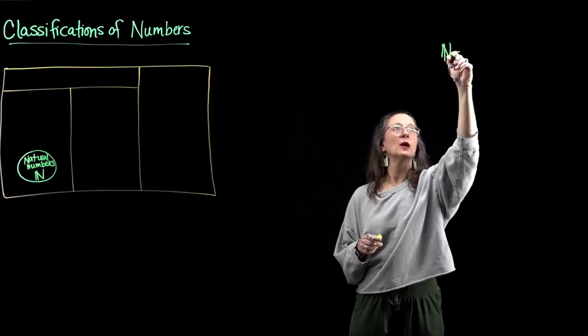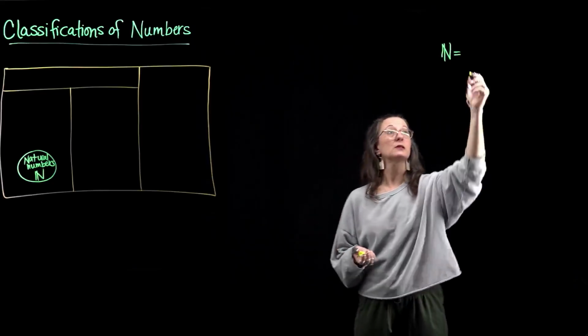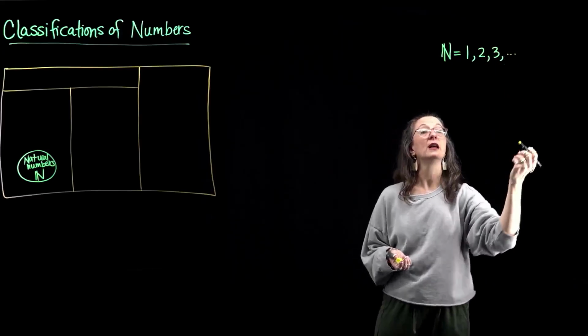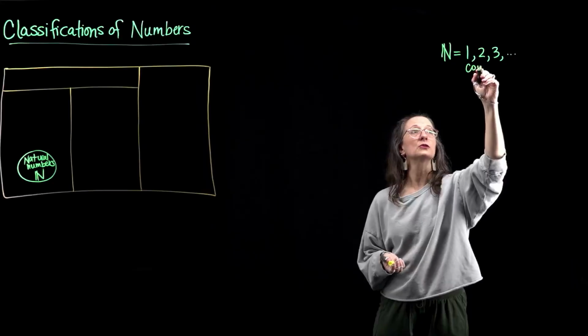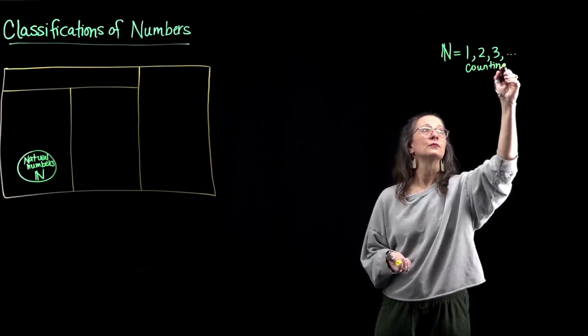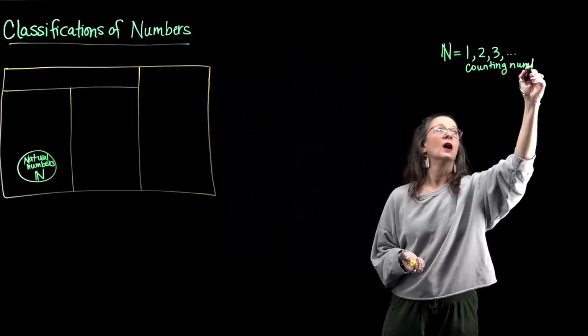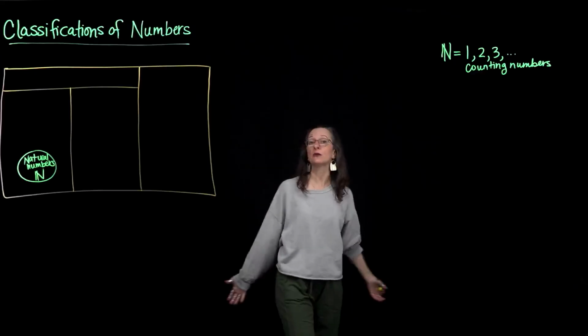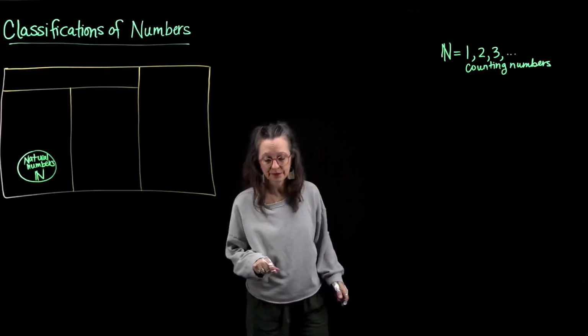So natural numbers, this would be numbers like 1, 2, 3, and so on. These are our counting numbers. All right. So the first way we use numbers is to count things that we could see.